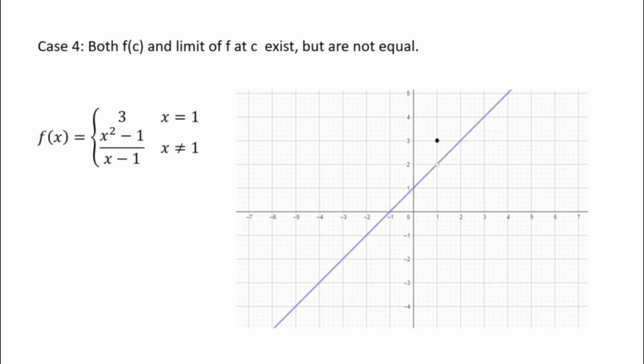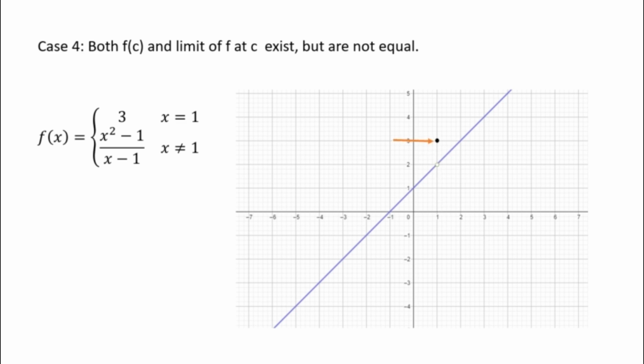Case 4: both f of c exists and the limit of f at c exists, but they are not equal. So this is another piecewise defined function. The diagram here is its graph. It's a line actually, well, almost, since there is a hole in here. At x equals 1, f of 1 is kind of redefined up here, meaning f of 1 exists.